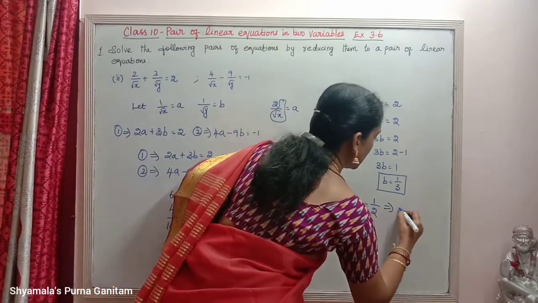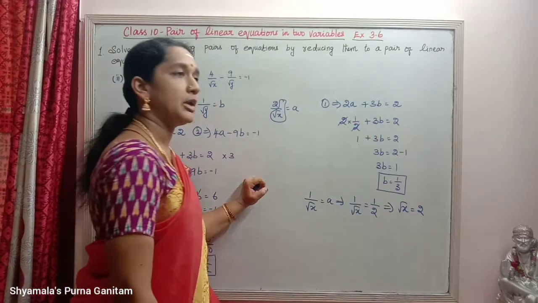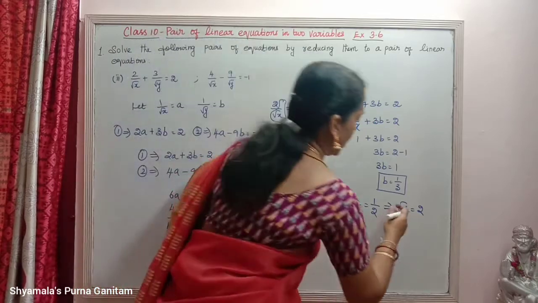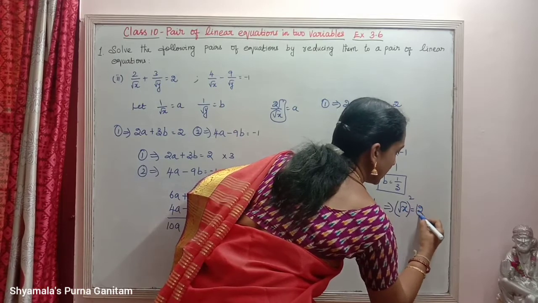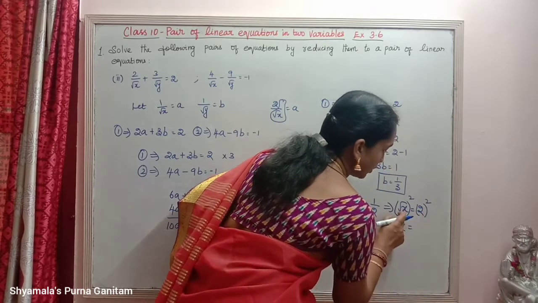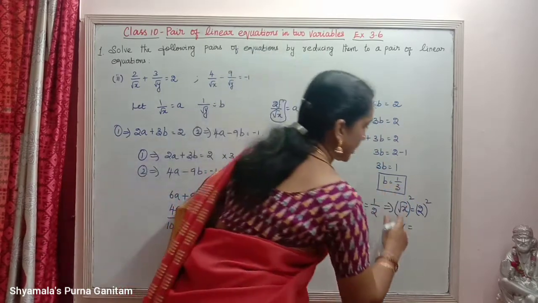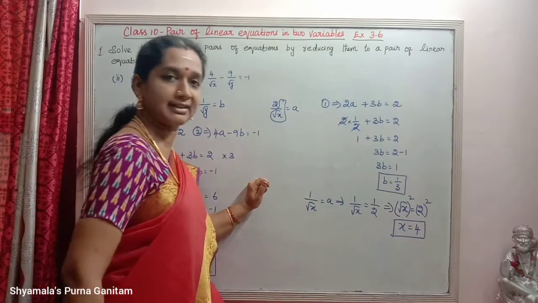So root x is equal to 2. But I was asked to find the value of x only. So when I take the square of this, the root and the square will get cancelled, so x is equal to 4. So I got the x value.